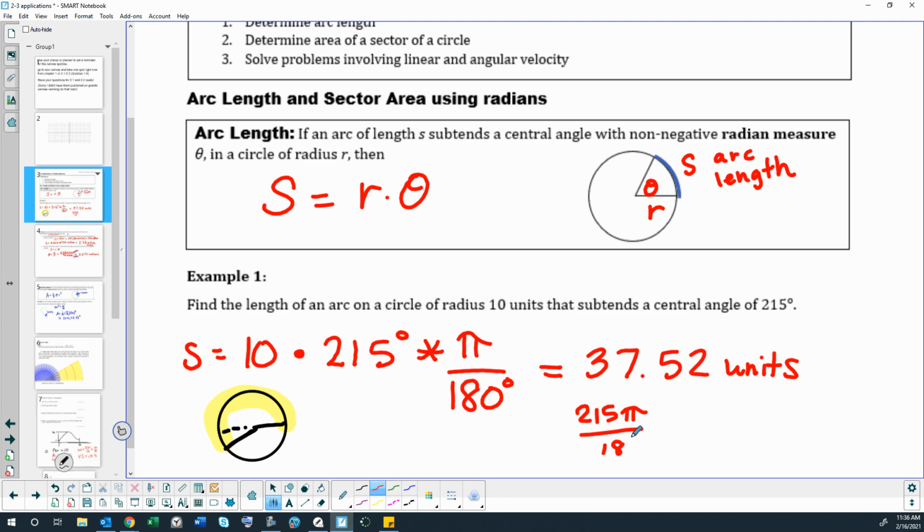They didn't tell me what to round it to, so I chose 2 places. Please pay attention to your actual assignment and how many decimal places it asks you for. And then, of course, if it were in centimeters, we would have given our answer in centimeters. If it had been miles, we would have given our answer in miles. In this case, it just said units, so our answer is in units.